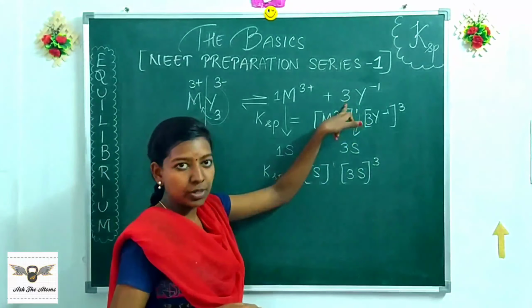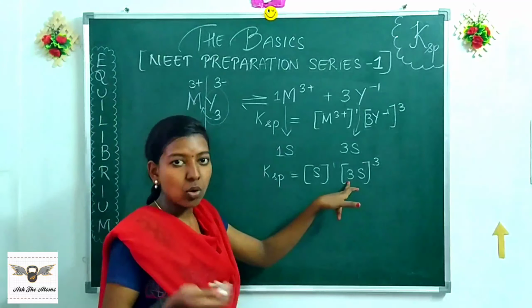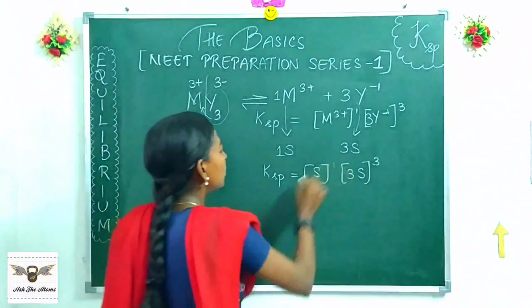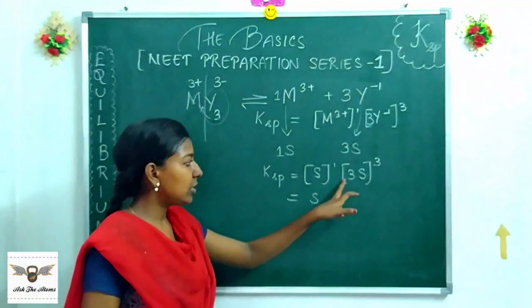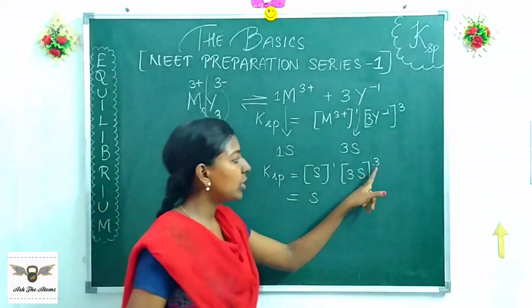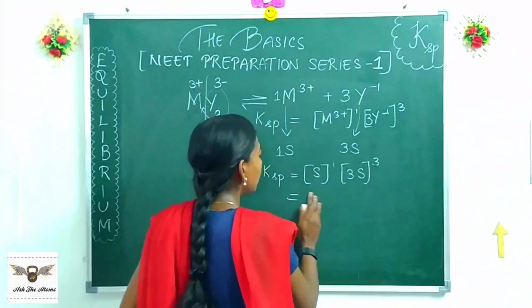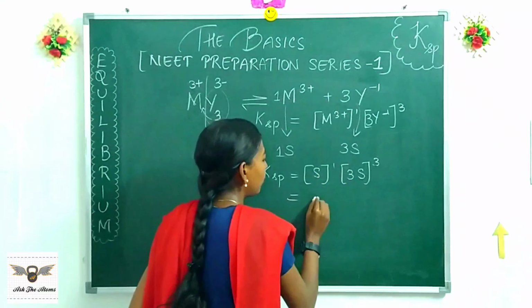The stoichiometry number should come in the power as well as before, as a coefficient. Now simplify this. Try to bring all the S together. This is 3 power 3 and S power 3. 3 power 3 is 27 and S power 3 is S cube. Already there is 1 S over here. So 27 S power 4.